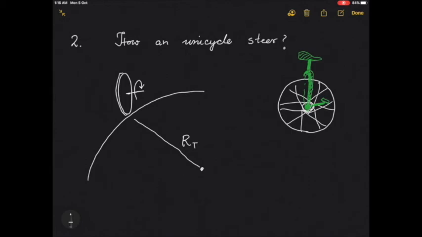So the wheel has a spin, and the spin is constant in the arc. The magnitude of the spin is constant.